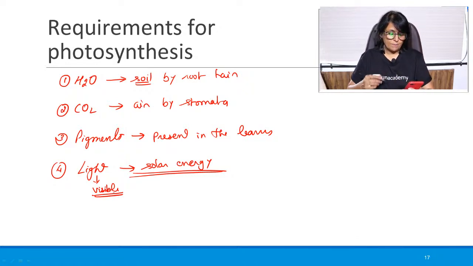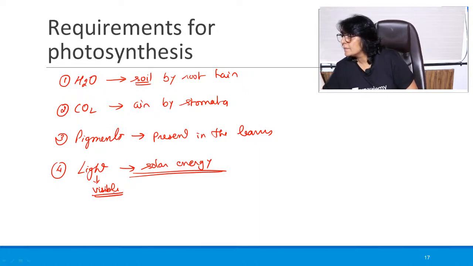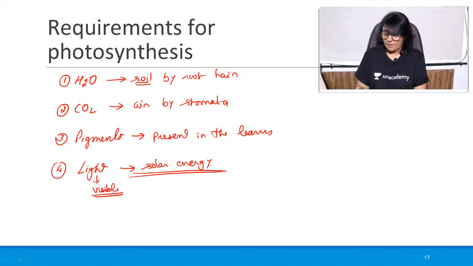Ajay is saying, ma'am, pigments provide color. The pigment is a molecule. What exactly is a color? The color is basically, suppose you see red.